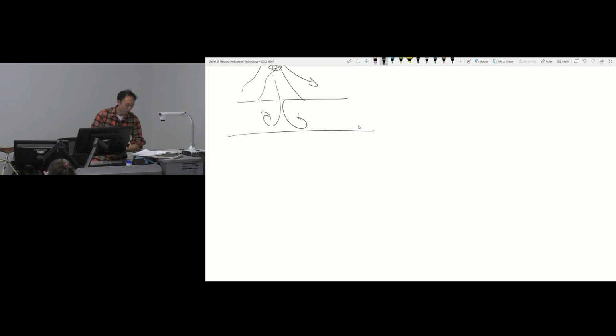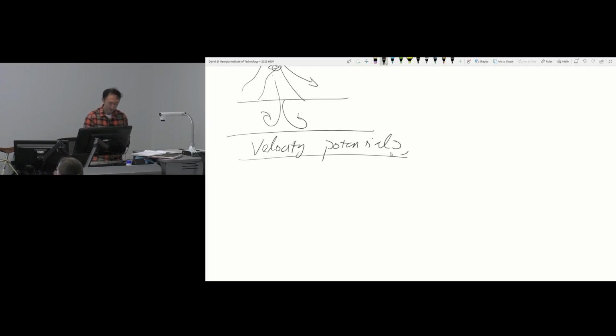So for problems 1 through 3 for the homework, we're going to have to deal with solving velocity potentials. But before we get into potentials, let's talk about circulation.